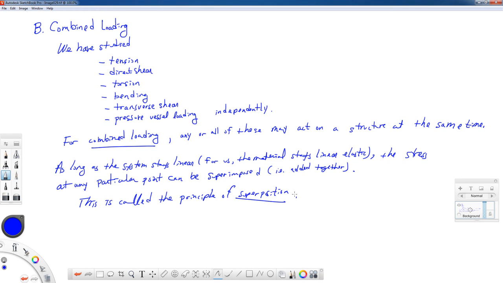So this is called superposition. Maybe a new word, but basically all that means is you can lay things on top of each other.